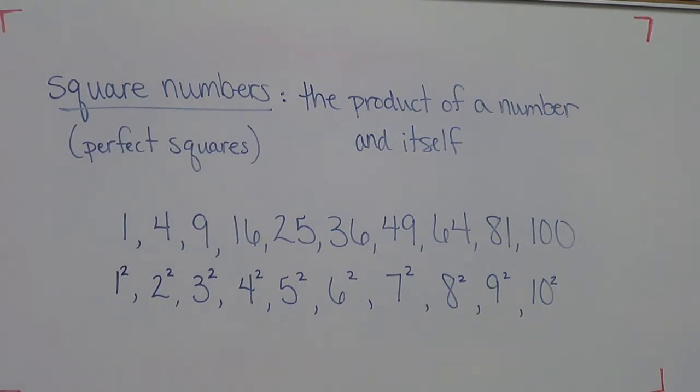So those are the first 10 perfect squares, and that's how you'd write them using exponent form, is 1 to the second power, or 1 with an exponent of 2, which would mean 1 times 1, 2 times 2, 3 times 3, and so on and so forth.